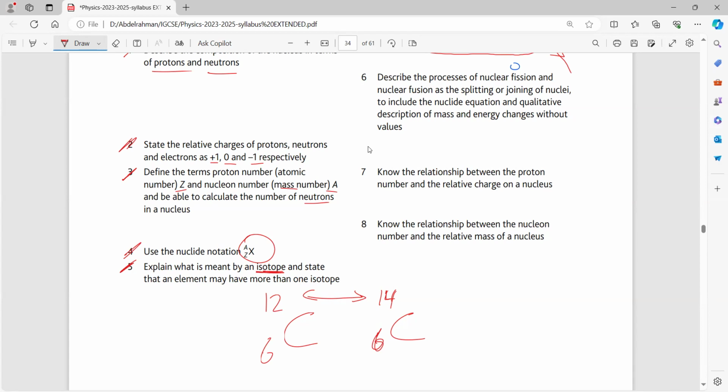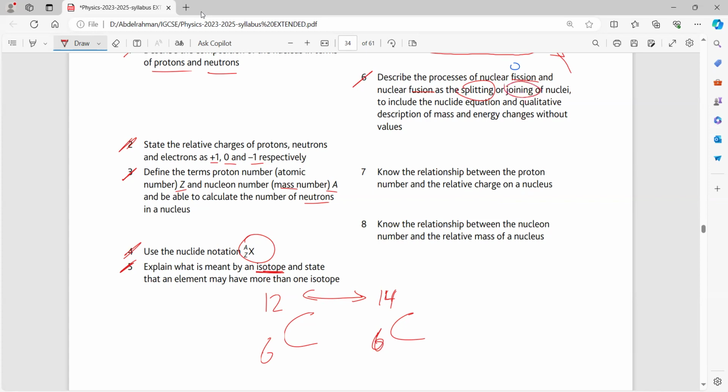Describe the process of nuclear fission. What is fission and fusion? The difference between fission and fusion: fission is the splitting of large atoms such as uranium.